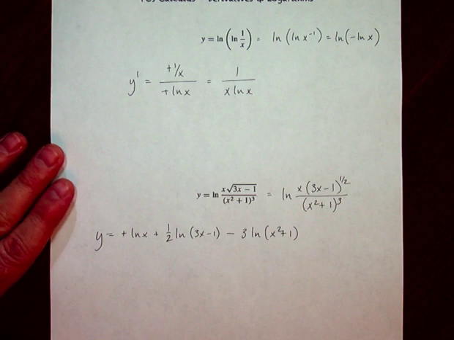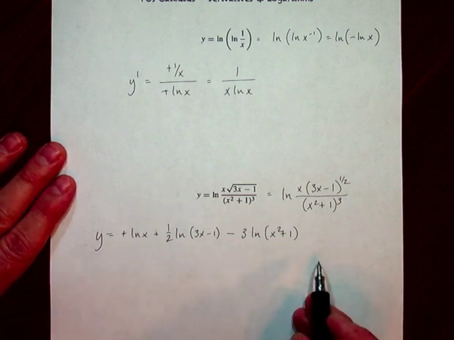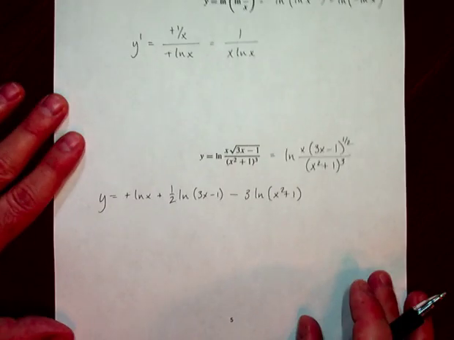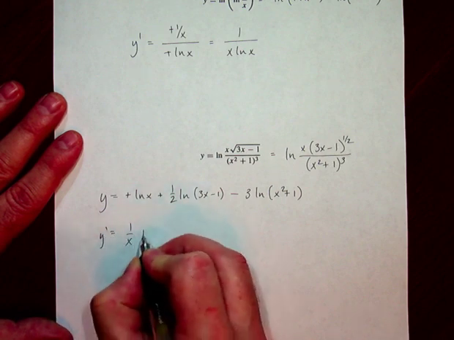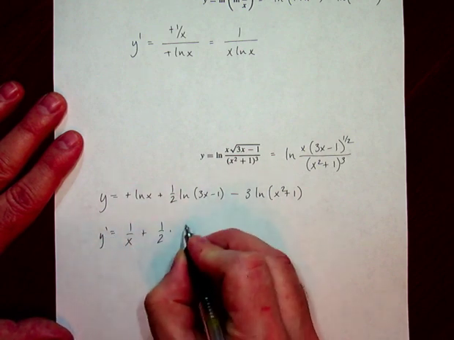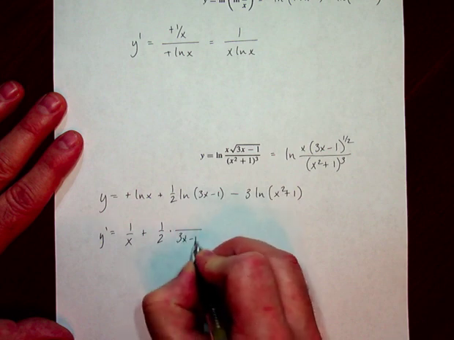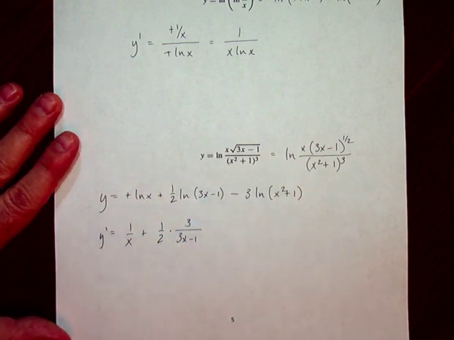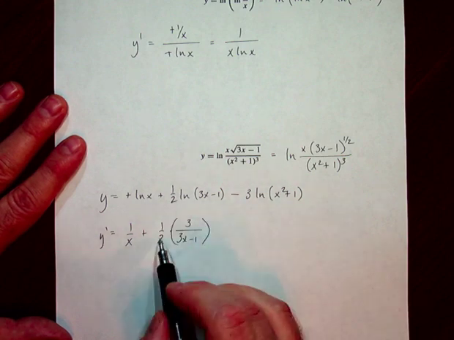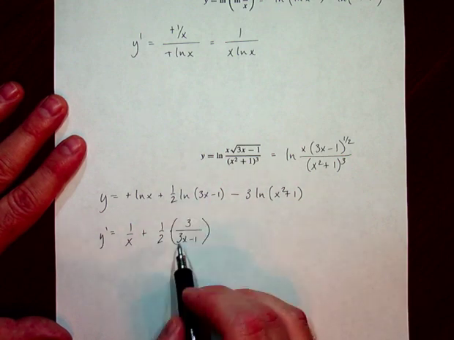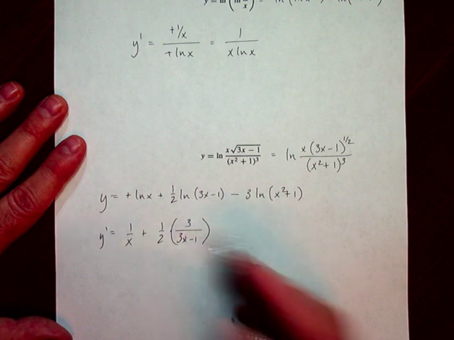Now, from here, this is much easier to differentiate than that is. So let's go ahead, and y prime is 1 over x plus 1/2 times 3 over 3x minus 1, with a 3 in the numerator, right? So basically this is the coefficient that came along for the ride. This is u, and that's your u prime.